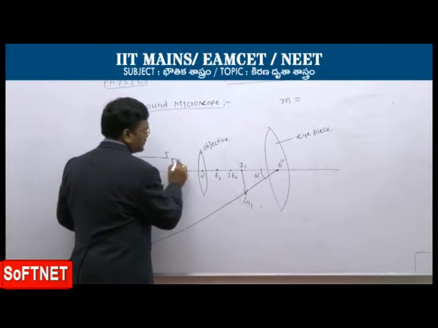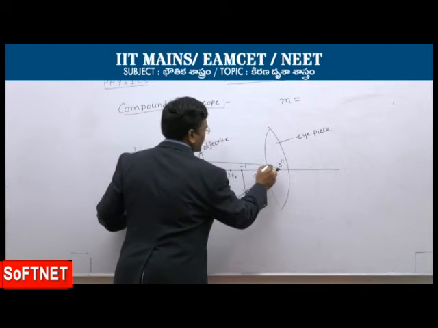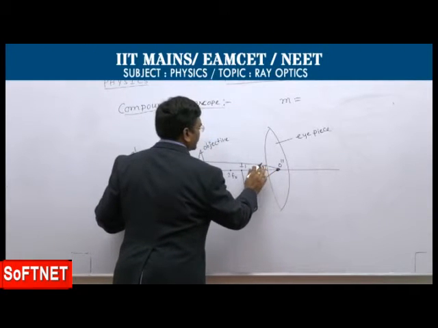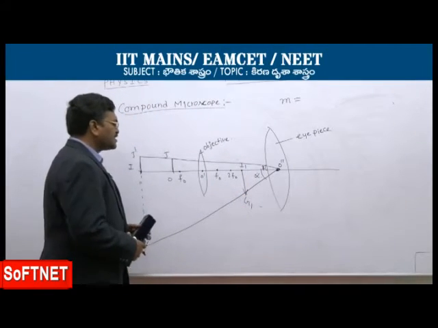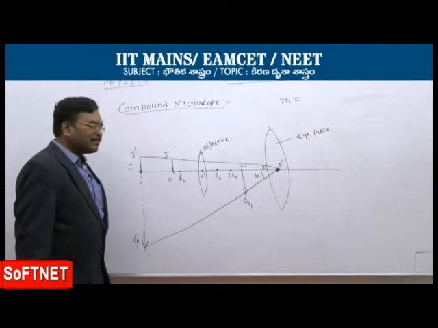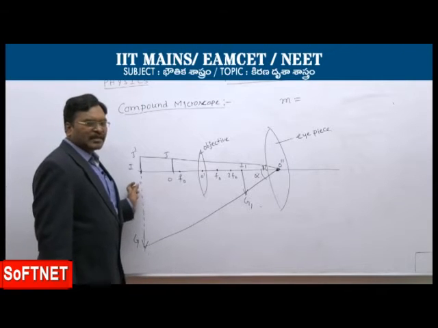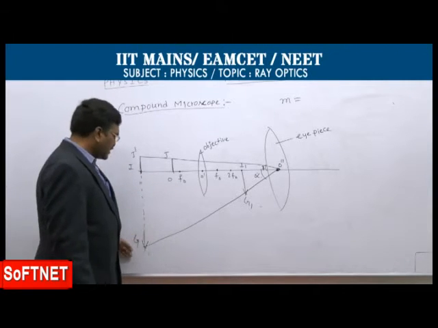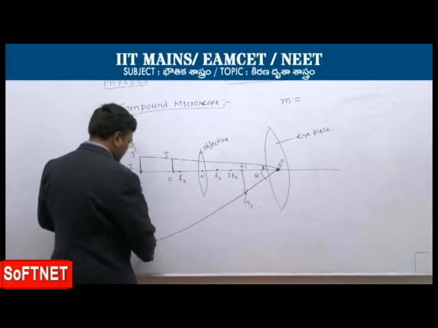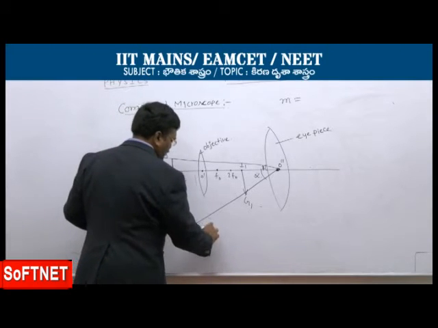Like this. This is beta. Here alpha and beta, tan alpha. What is alpha? Alpha represents the angle made by the image at the optic center when formed at the near point, the nearest point, like this.